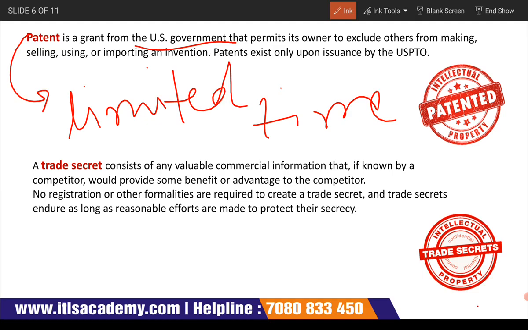We are all familiar with Coca-Cola, that the ingredients or the recipe are locked in the vault. So that is the trade secret of the taste of Coca-Cola.